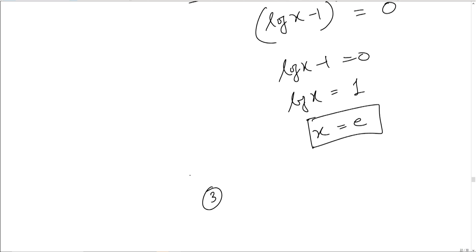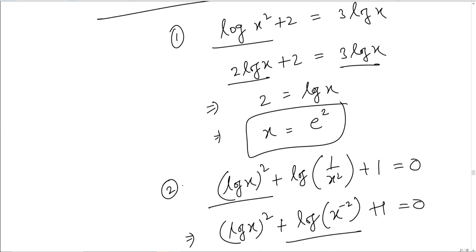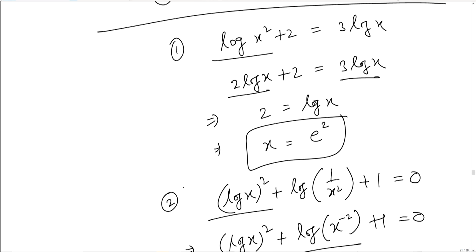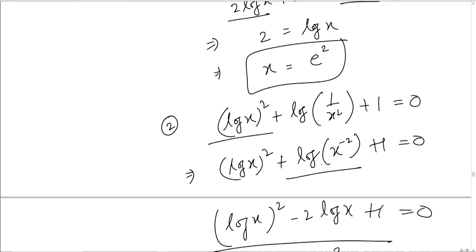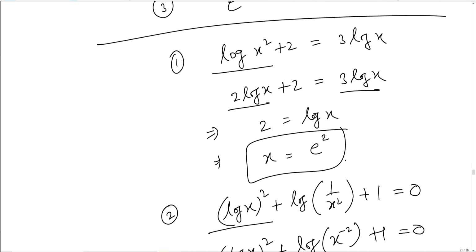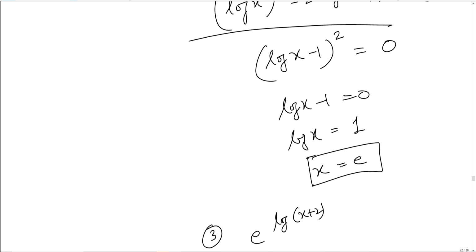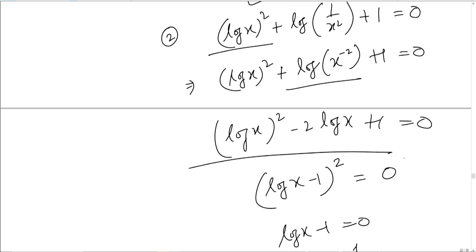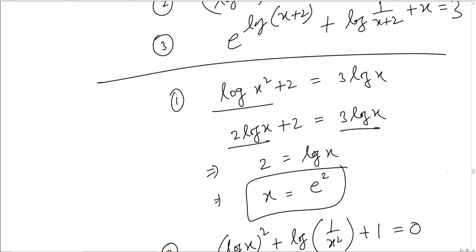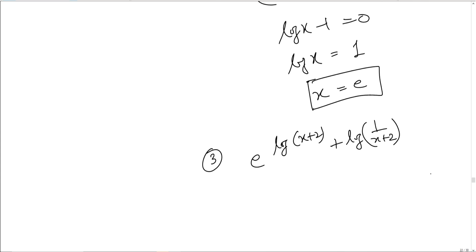What about problem 3? Problem 3 is not that difficult. It is e to the power log (x plus 2), then plus log of 1 by (x plus 2), and then you have plus x equals 3.